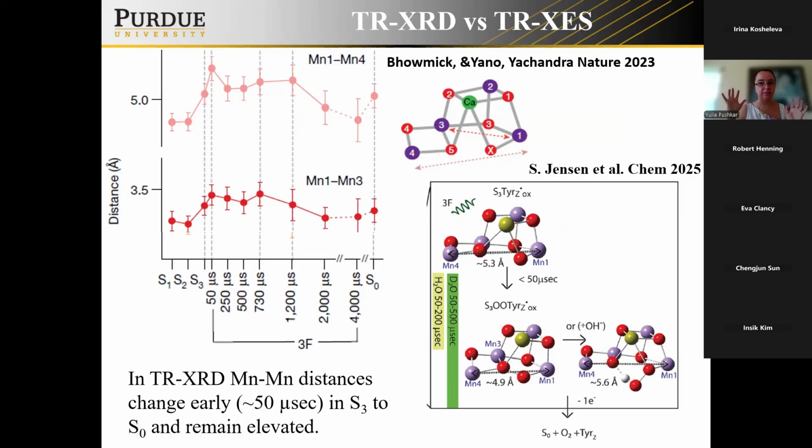There is maybe some proton motion, but nothing happens. But if I look at the data from this paper, this is manganese 1, manganese 4, the 1 to 4 distance, and then the 1 to 3 distance. So it's basically distances between heavy atoms, which hopefully you can measure precisely.